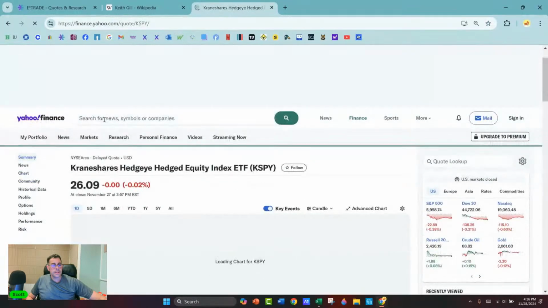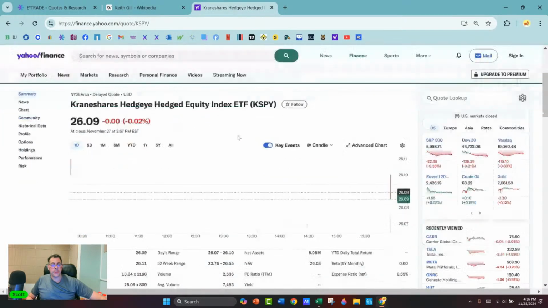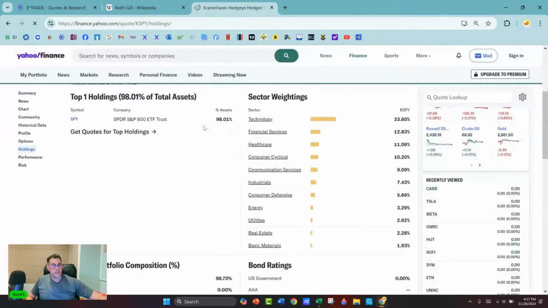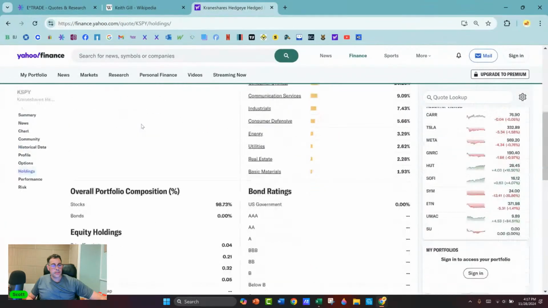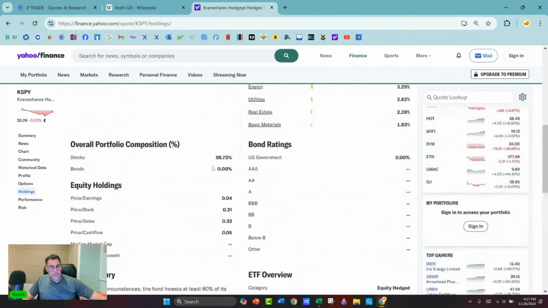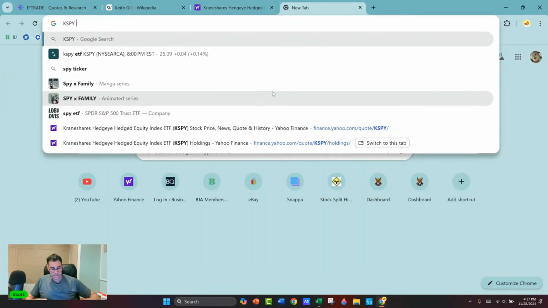Or Crane shares hedged equity index KSPY. It's just owning the S&P 500. I don't understand what's the difference between that and the S&P 500.